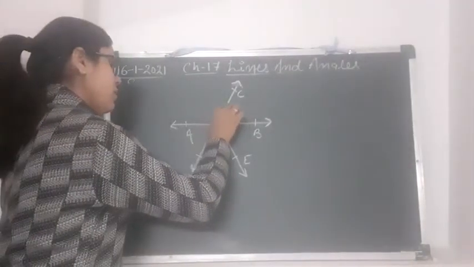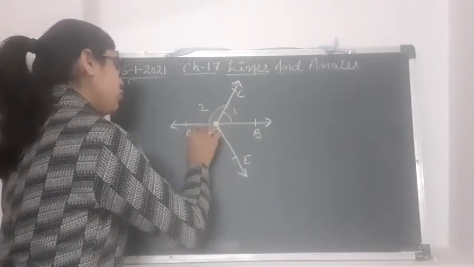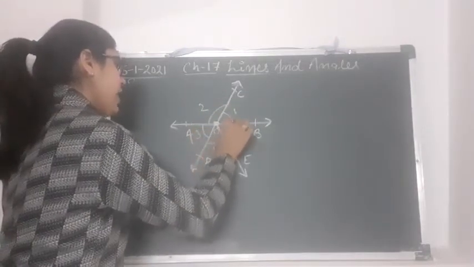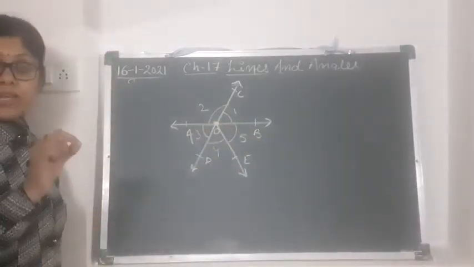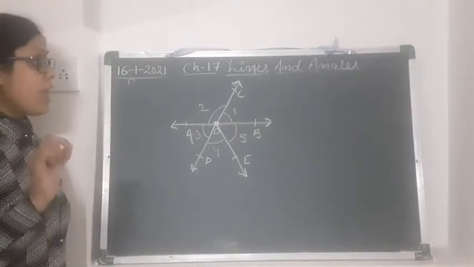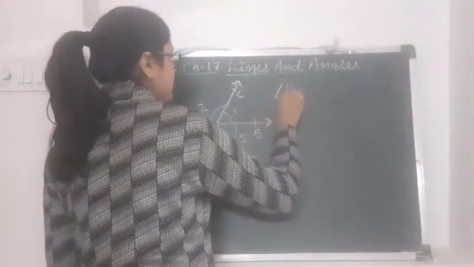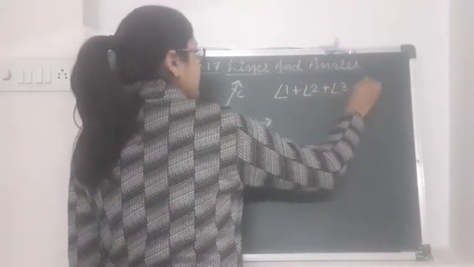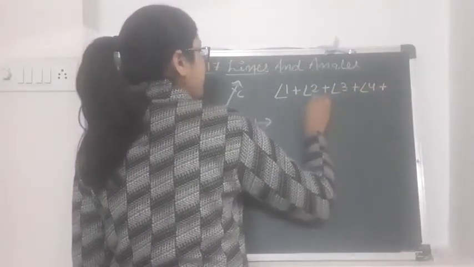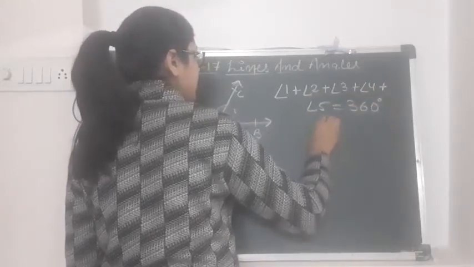Now see how many angles are forming here. 1, then 2, then 3, then 4 and then 5. So angles are forming on a point, not on a line. Then the sum will always be equal to angle 1 plus angle 2 plus angle 3 plus angle 4 plus angle 5 is equal to 360 degrees.